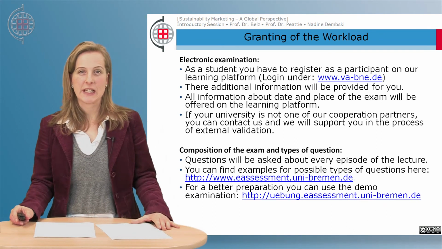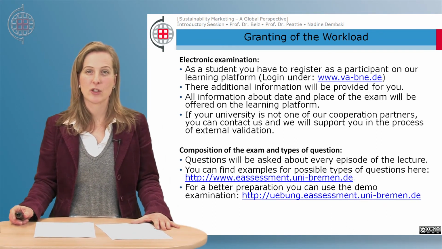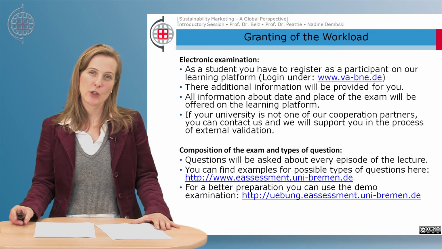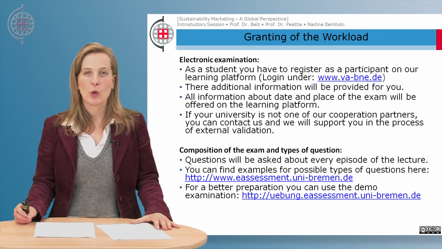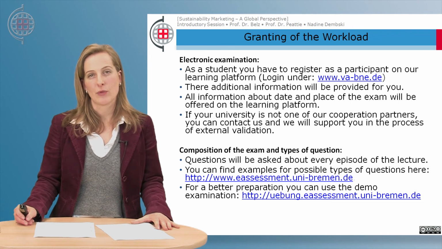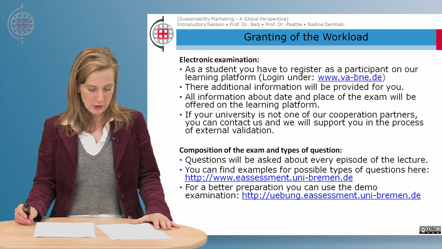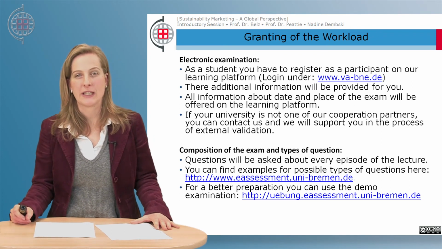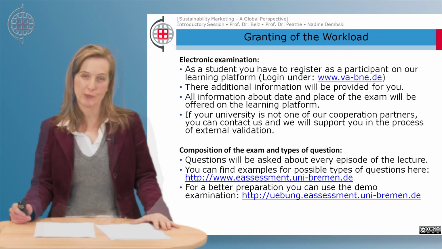As I already said, to get these 3 credit points you have to write an electronic examination. We work together with a lot of universities, and for you the next step is to look whether your university, your high school, is one of our cooperating partners. If not, you can contact us and we will support you in finding a solution for writing the external validation.